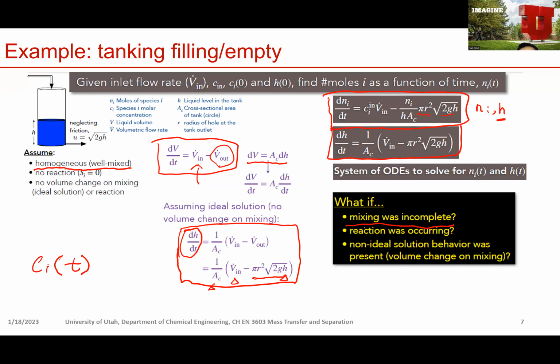But now, if we do not have very good mixing, that means C_I is not only a function of time, it's also a function of space. Now I'm using X for space here.